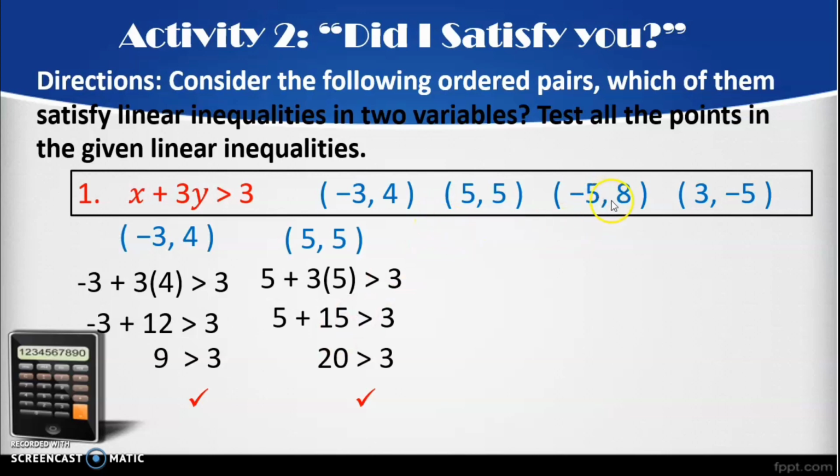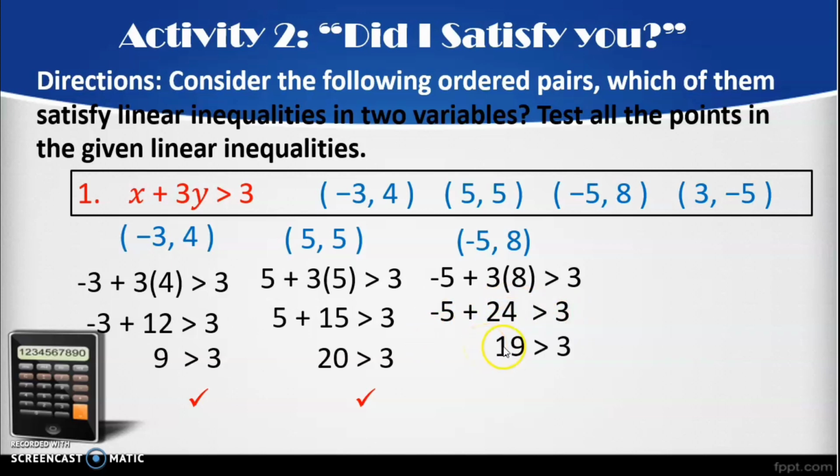Next, negative 5 and 8. Okay, x is negative 5 plus 3 times 8, which is the y, greater than 3. So, negative 5 plus positive 24 is equal to 19.